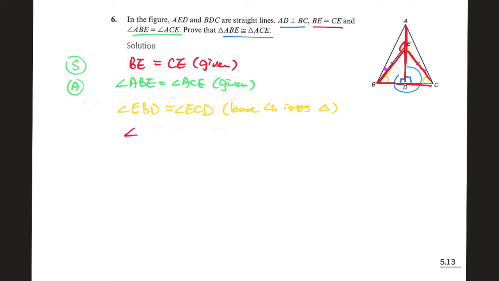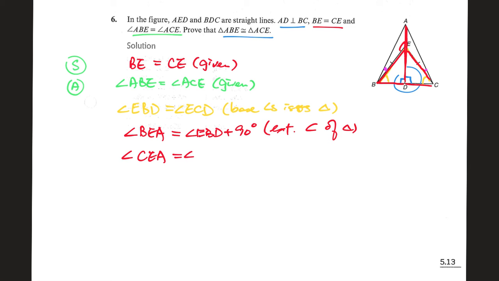For example, we have to say angle BEA, the one on the left hand side, equals angle EBD plus 90 degrees, because of exterior angle of triangle. Similarly, the one on the right hand side, angle CEA, equals angle ECD plus 90 degrees, again by exterior angle of triangle.